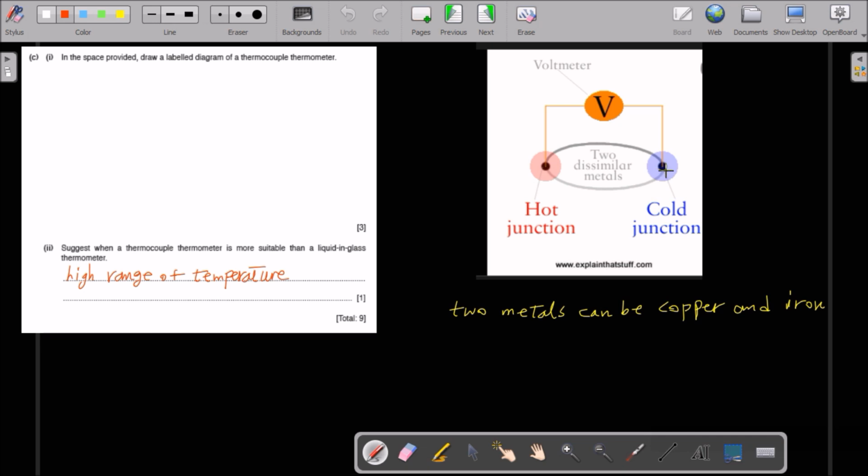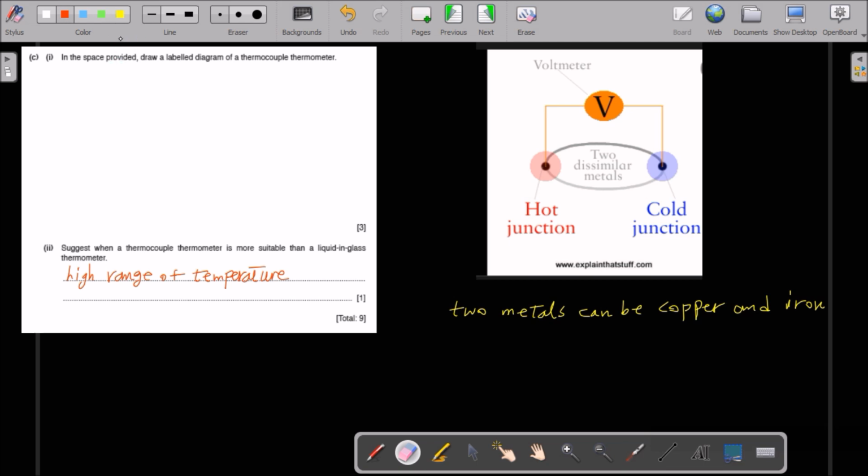So one of them can be copper and the second one will be iron. And we connect the 2 junctions to the voltmeter. So we need 1 voltmeter, 2 junctions, 2 dissimilar metals, which can make a thermocouple thermometer.